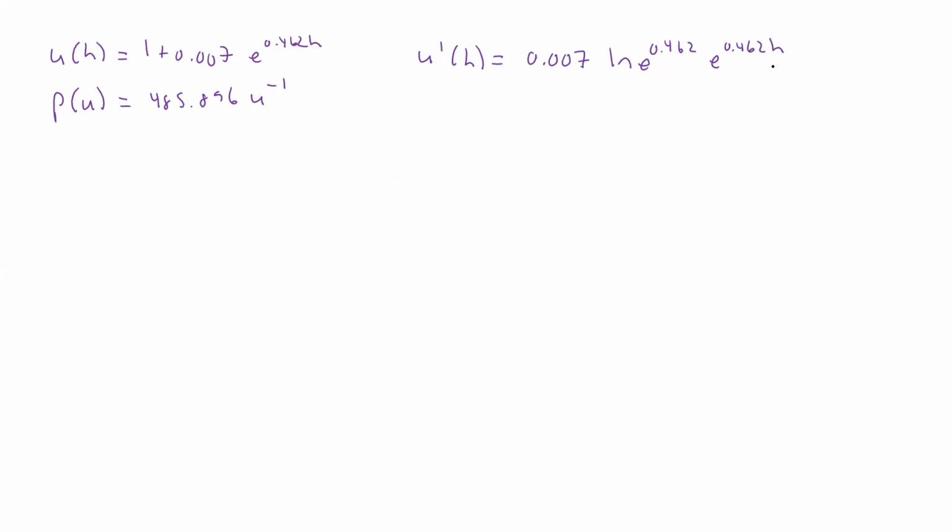That's the derivative of u. Now the derivative of P: we bring the negative 1 down, giving negative 485.896 u to the negative 2. So now we've got those.